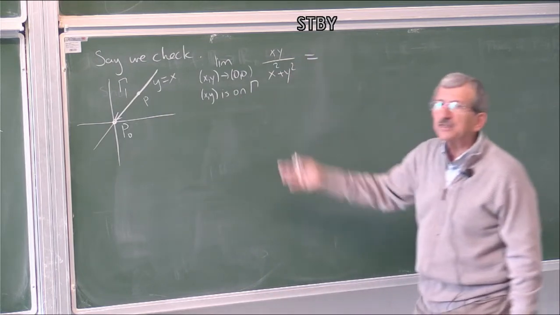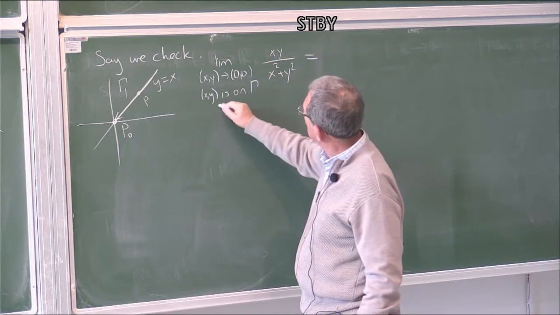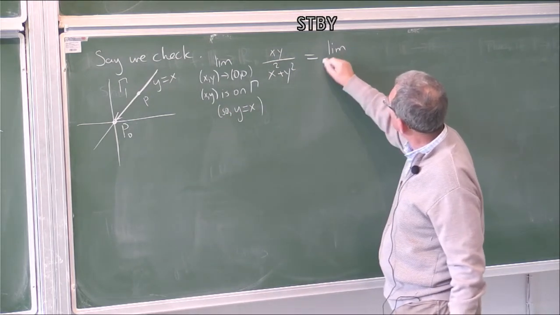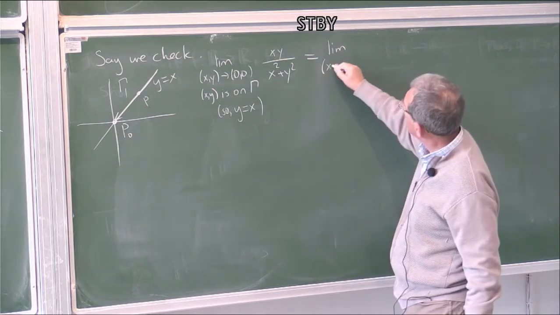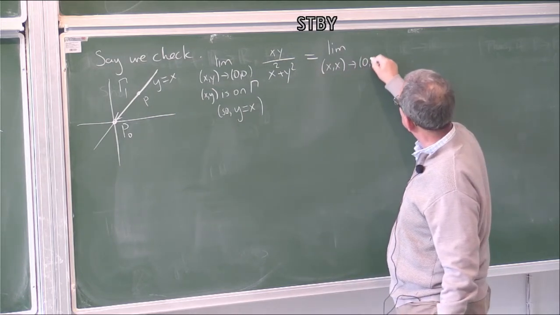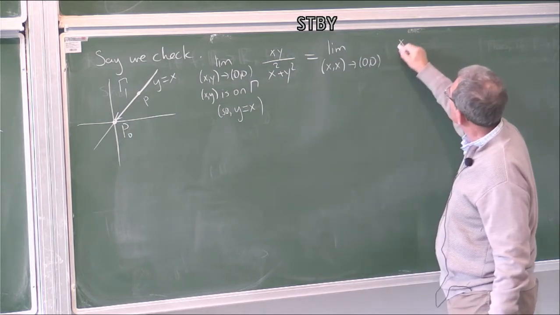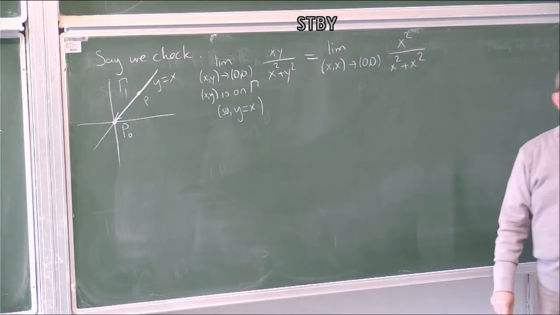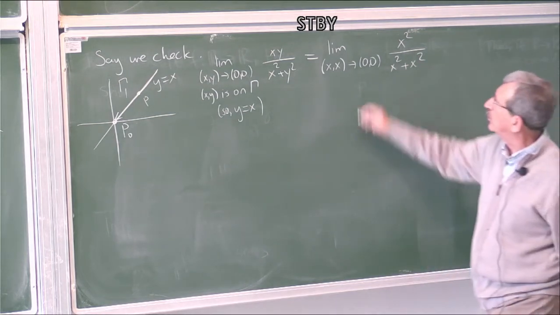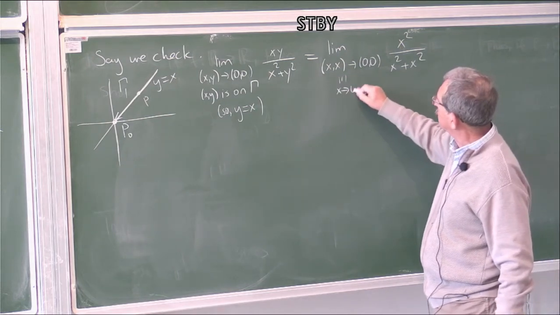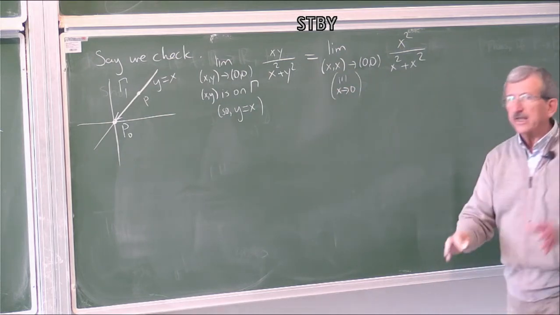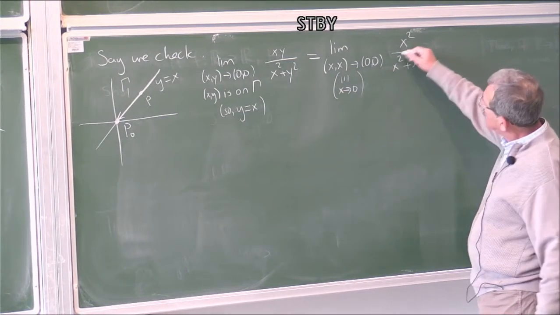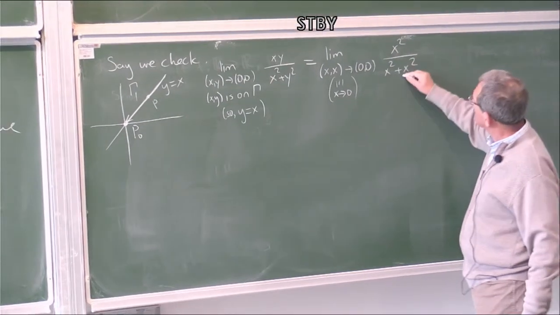Now again, what does this mean? This means, of course, that y is equal to x. So this is the limit as (x, x) goes to (0, 0) of x squared over x squared plus x squared. x goes to 0, but x is not 0, so we can simplify.